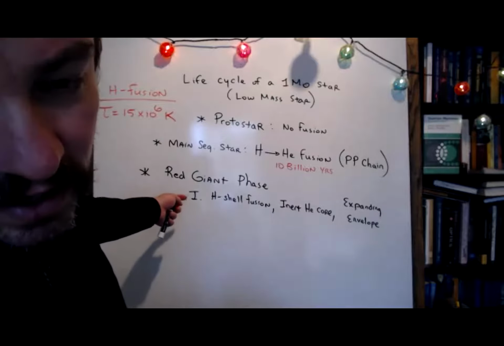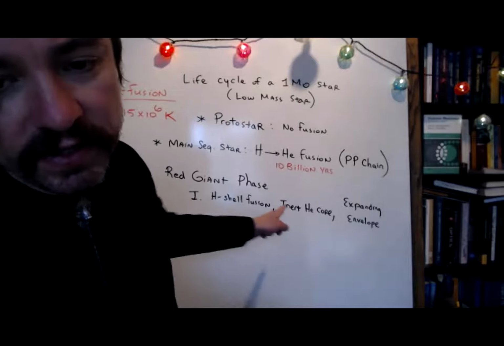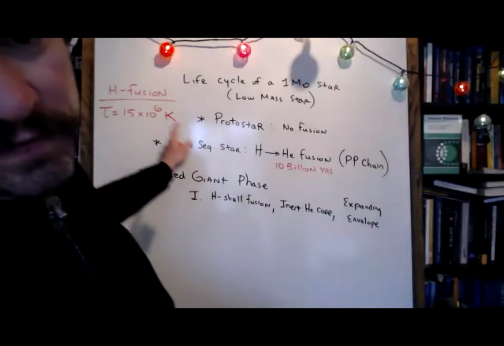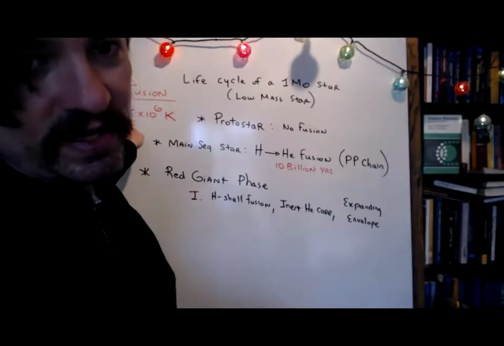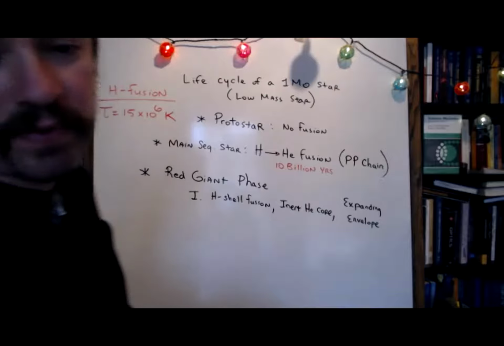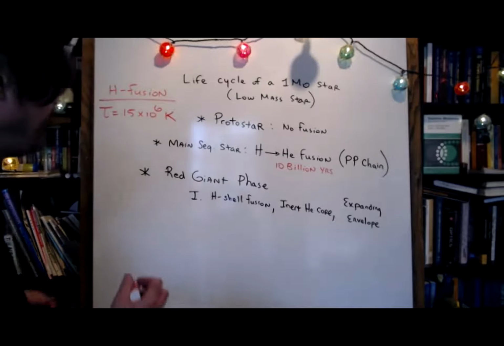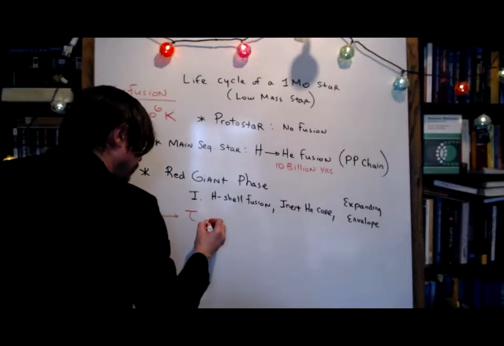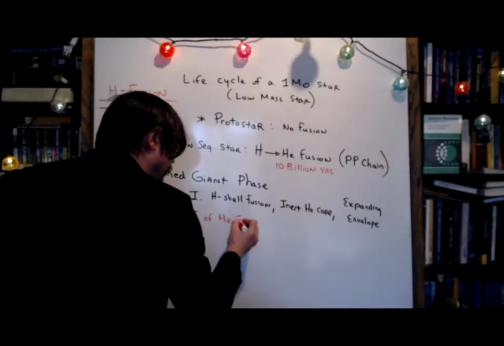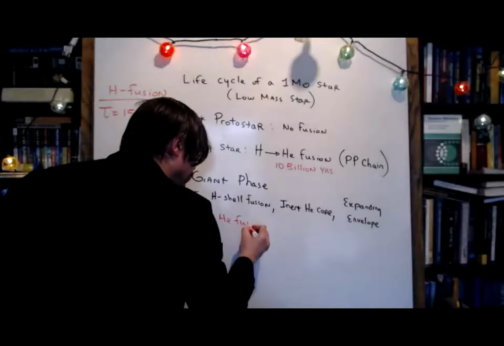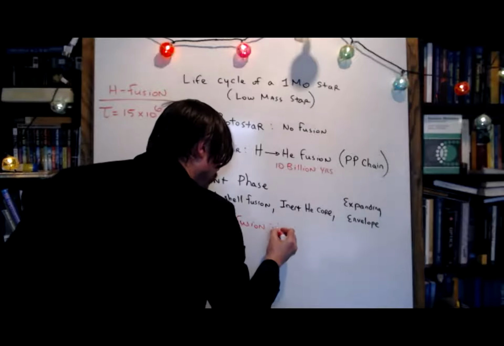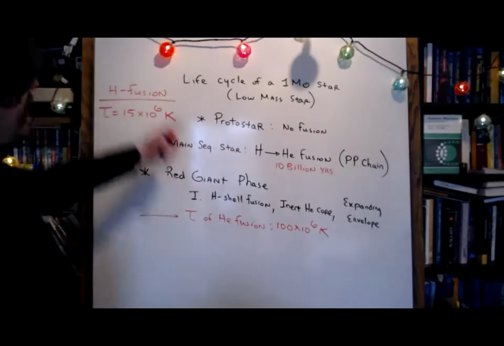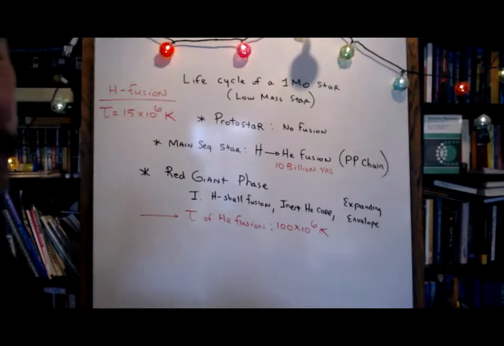During phase 1 of a red giant expansion, the inert helium core is heating up, going from 15 million Kelvin to 16 to 17 to 18, and it's ticking upwards. Eventually, you hit the temperature at which helium fusion can proceed. The temperature of helium fusion needs to go up to a key value of 100 million Kelvin. That's significantly hotter than the temperature of hydrogen fusion.